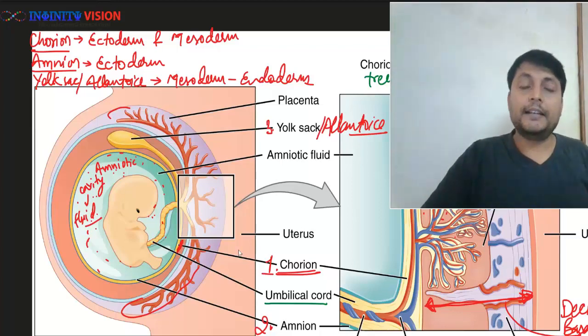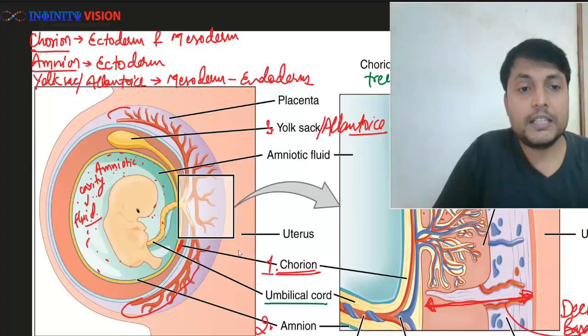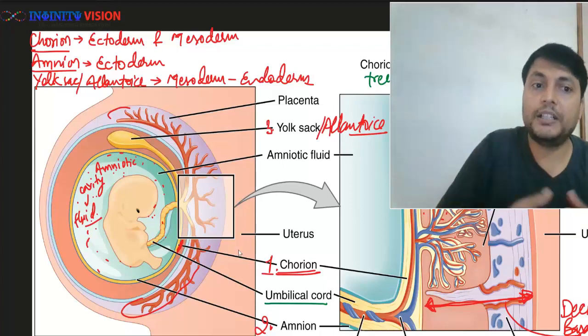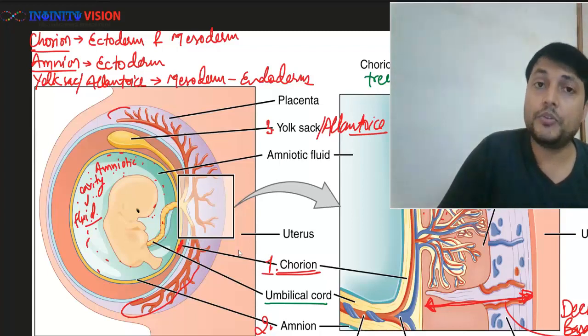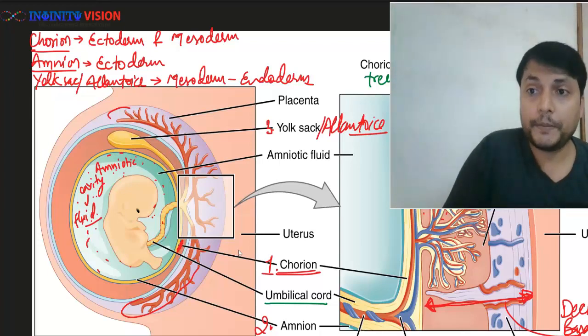Since we are talking of this, let me tell you that on this basis the eggs are of different types, such as alecithal, the eggs which do not have yolk, microlecithal, mesolecithal, and megalecithal. So there are 4 types of eggs on the basis of the amount of yolk.